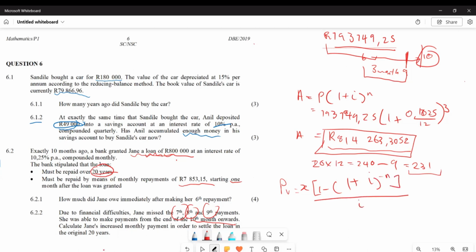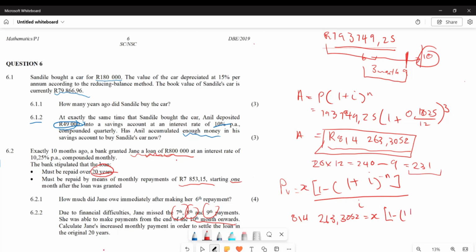Now we want to calculate the value of X. Our present value is 814 263,3052, and X is the monthly installment that Jane must pay, adding to the usual monthly installment she was paying, so that she also covers for the 3 months.